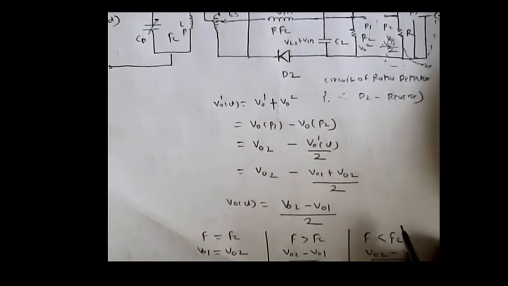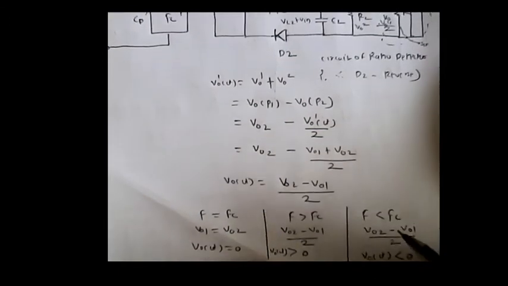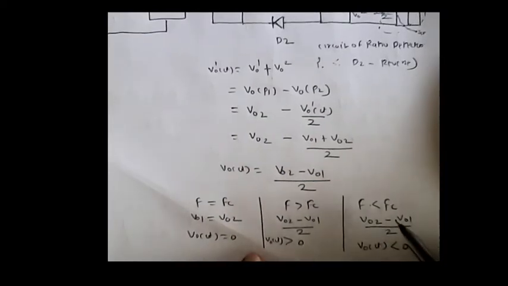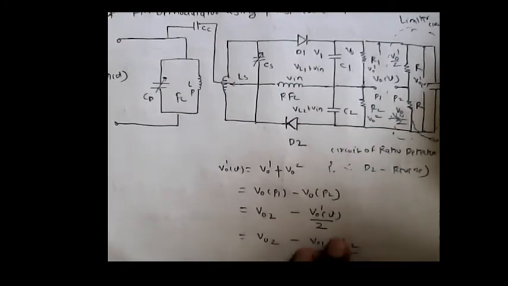When the generated frequency is greater than the carrier frequency, the output voltage is greater than 0. Whenever the generated frequency is less than the carrier frequency, V0 out equals V02 minus V01 divided by 2, and the output voltage is less than 0. So these are the three conditions in which this ratio detector circuit works.